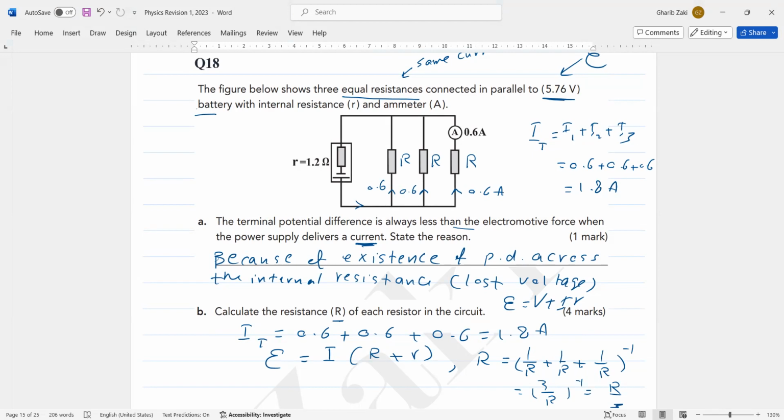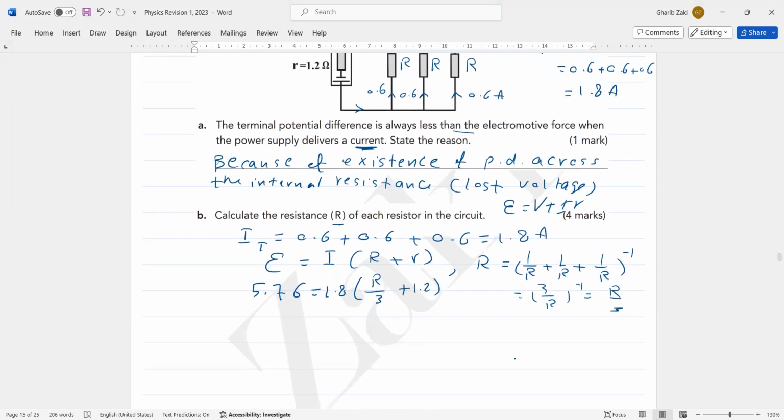EMF, he gave us in the question, it's 5.76. The current, this is I total, it's 1.8. R capital is the external resistance, R over 3. R small is given 1.2. From this formula, we can get R. Now, distribute.